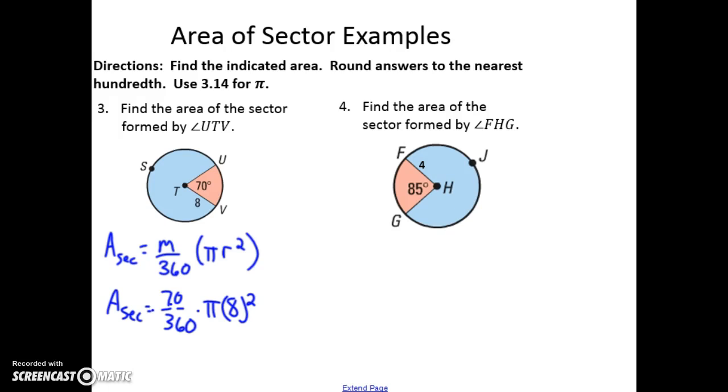And then we want to round our answers to the nearest hundredth, so we can just type this in our calculator. And we get 64 times pi times 70, and then divided by 360. And you get 39.10 when you round to the nearest hundredth. And we don't have any units, so we'll say units squared.